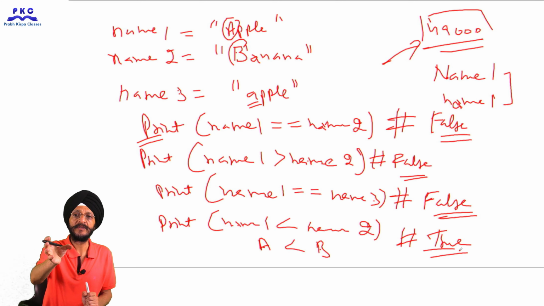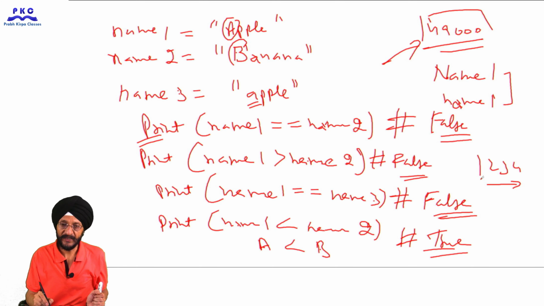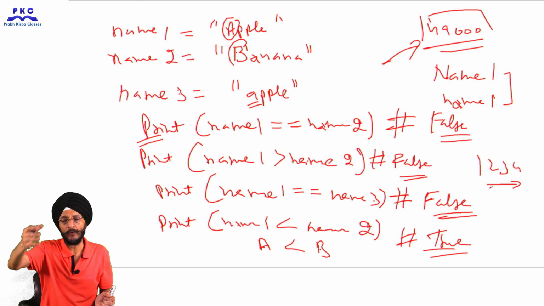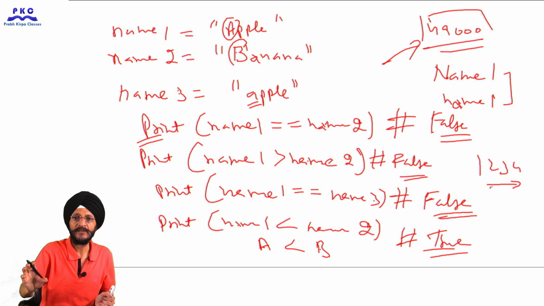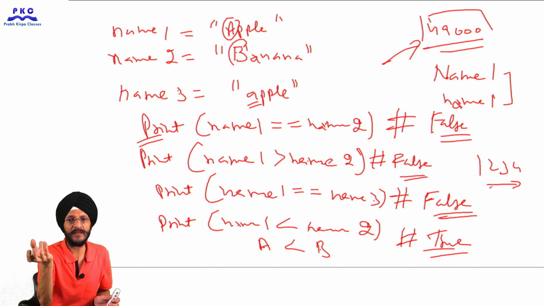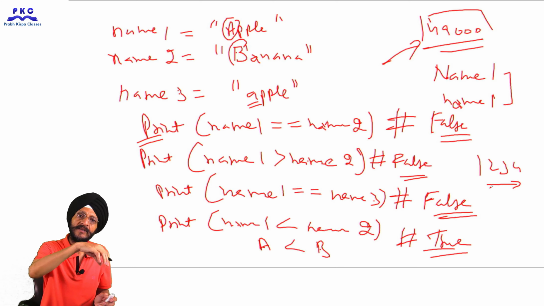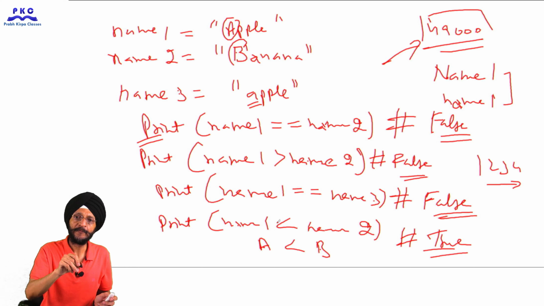A also comes before B in alphabetical order. We can also say it this way: 1 comes earlier, 2 comes after, 2 has more value. In the same way, A, B, C, D. A has lesser Unicode value. Unicode has prescribed different values to different characters. We are here only giving an example. A has less Unicode value, so apple is less than banana.